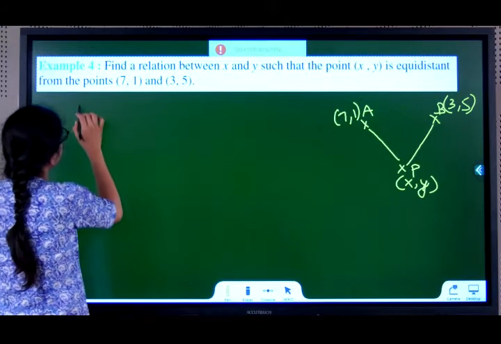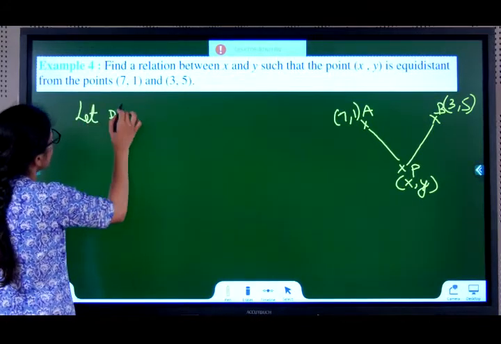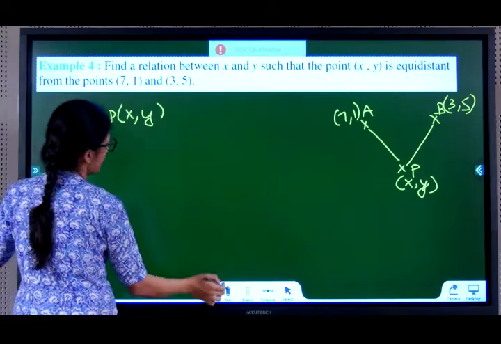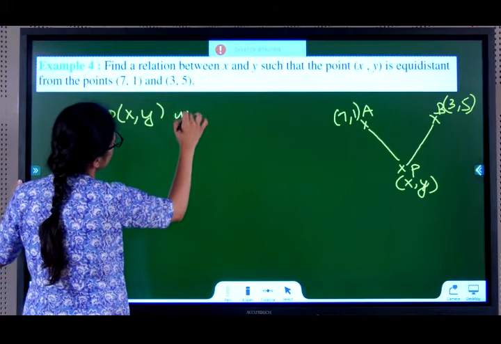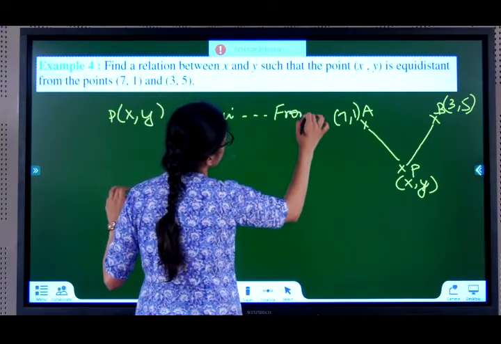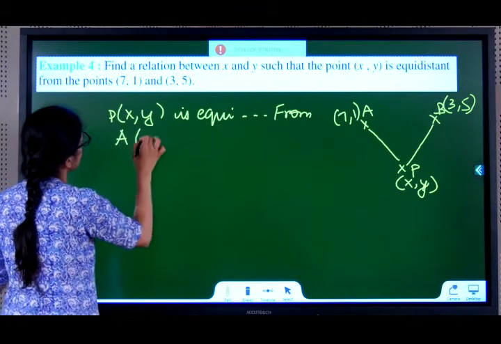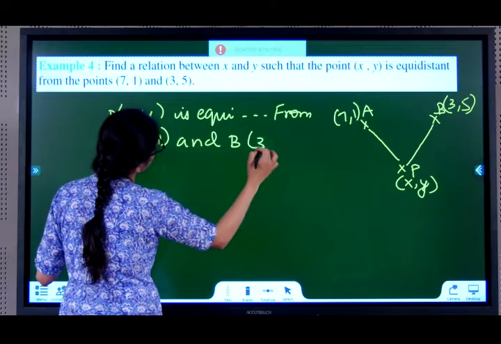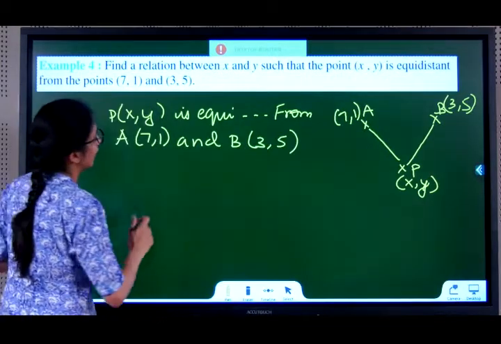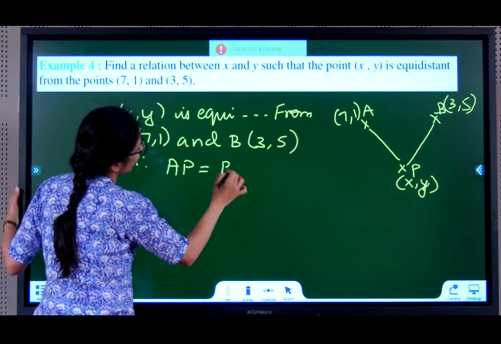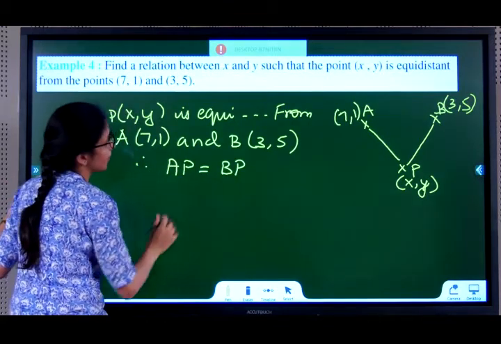Yes. So let P of x comma y be equidistant from A and B. A is 7 comma 1 and B is 3 comma 5. Therefore, we can say AP is equal to BP.